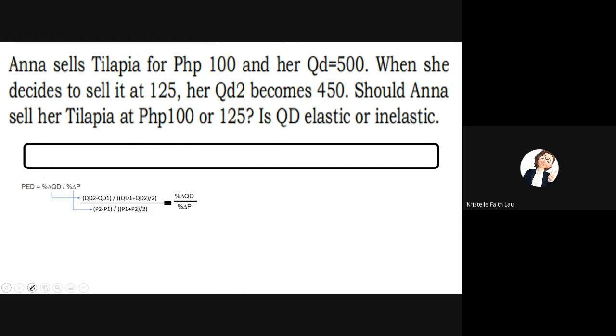So, there. Our example: Anna sells tilapia for 100 pesos and her quantity demand is 500. When she decides to sell it at 125, her QD2 becomes 450. So, it means that the QD1 is 500. Then, should Anna sell her tilapia at 100 pesos or 125? Is the QD elastic or inelastic?